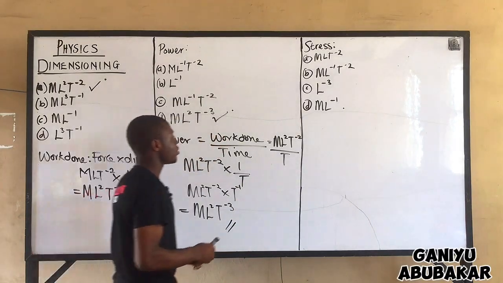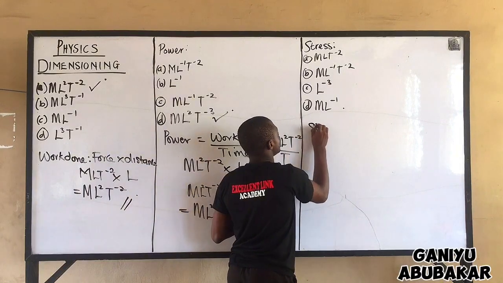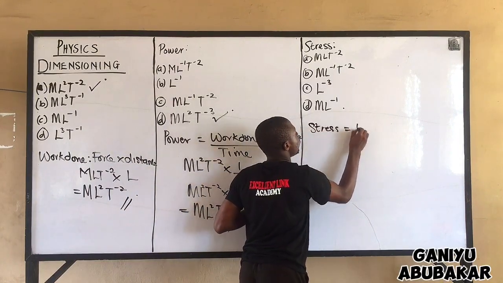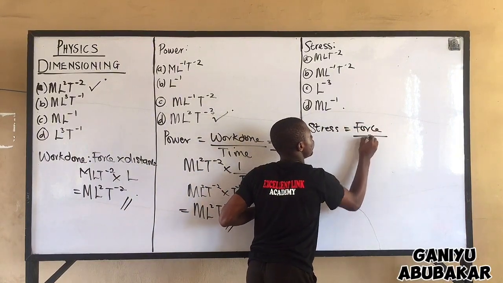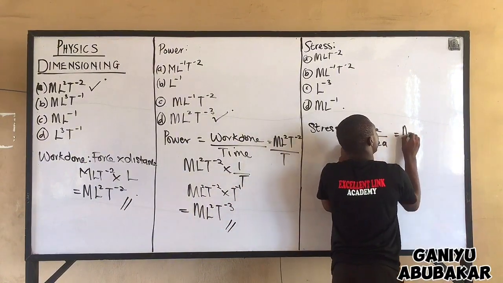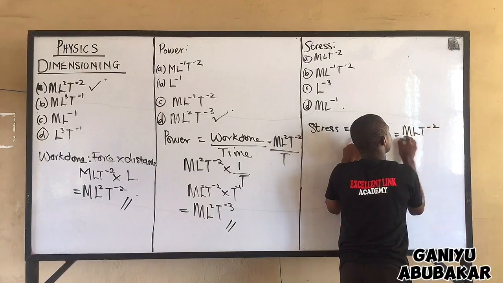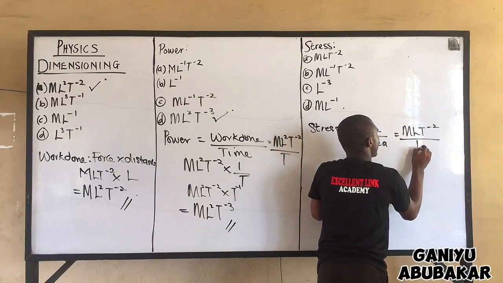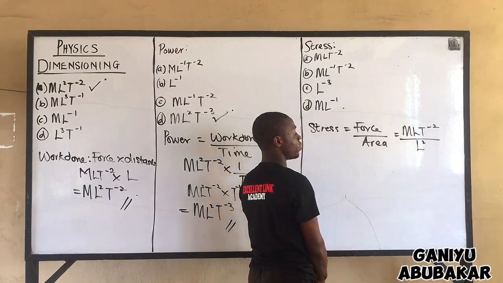So what's stress? Mathematically, stress is equal to force over area. Force is MLT to the power minus 2, all over area, which is L squared. We have discussed all this, right?